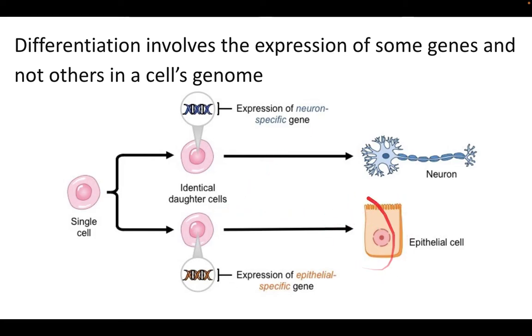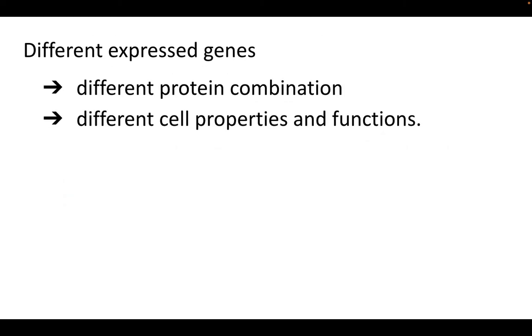Within the cell that became an epithelial cell, so that's like the lining of something, like the lining of your lungs, the lining of your small intestine, that became an epithelial cell because specific genes were expressed. So specific proteins were made, causing the production of an epithelial cell. This is what I was just saying. So if there are different expressed genes, we're going to end up with different protein combinations and different cell properties and functions.